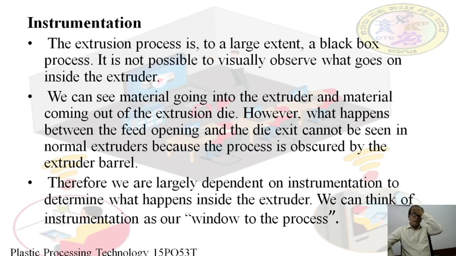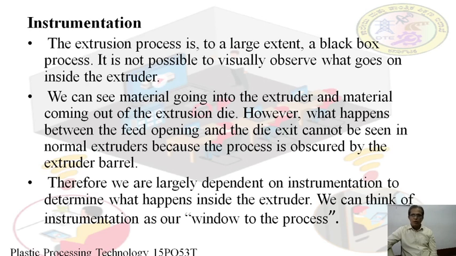Now, the extrusion process is to a large extent a black box process. It is not possible to visually observe what goes on inside the extruder. We can see material going into the extruder and material coming out of the extruder die.